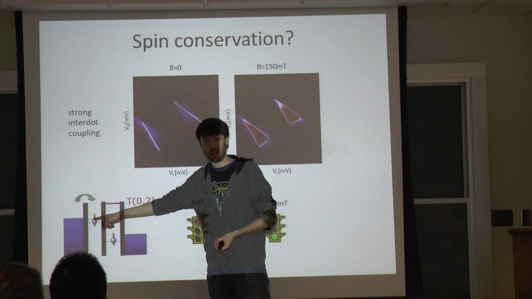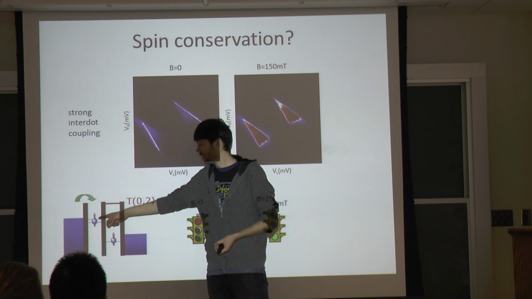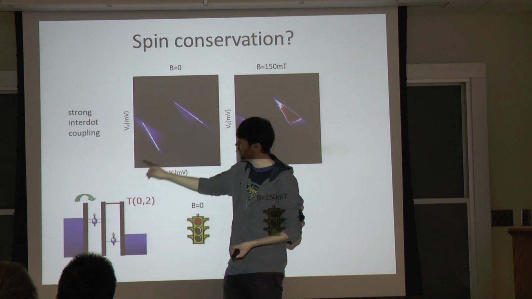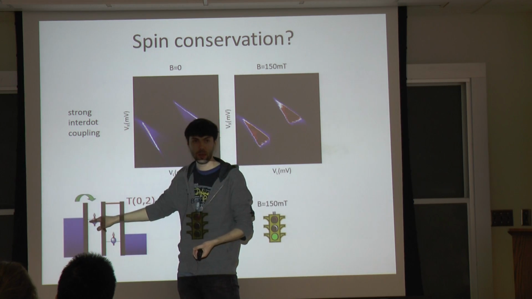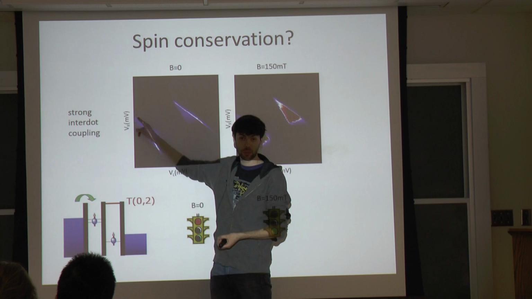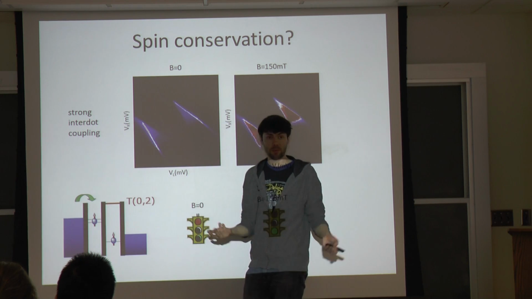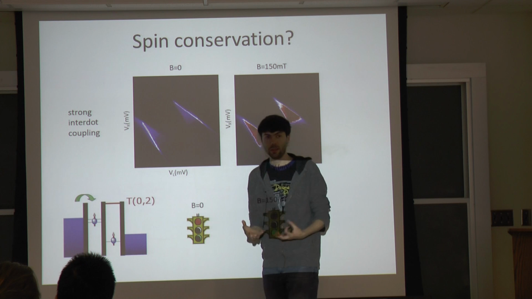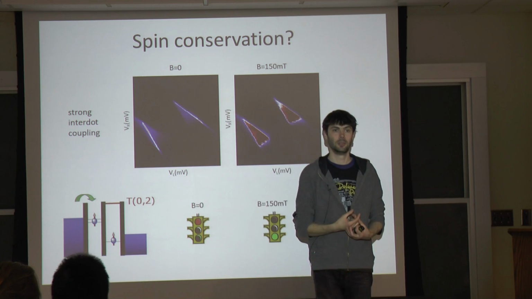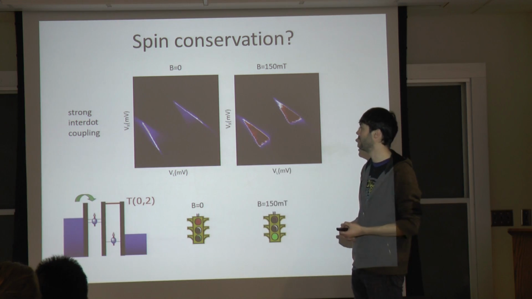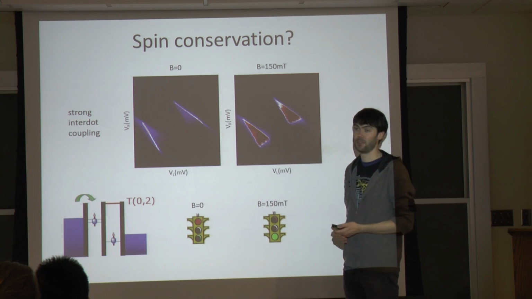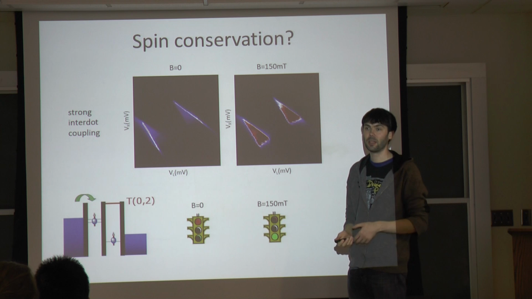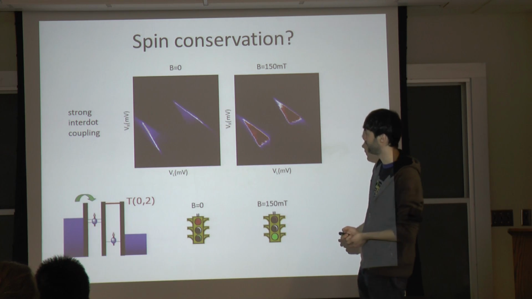But if this guy is allowed to flip the spin, like here, effectively, in this situation, this guy was allowed to go in, come back with a different spin, and so there was current. So for whatever other reason, also inside the triangle, if the spin conservation does not hold, you can be in a situation where the current is lifted. So in this particular case, spin-orbit interaction lifts spin blockade. But there are many other ways.